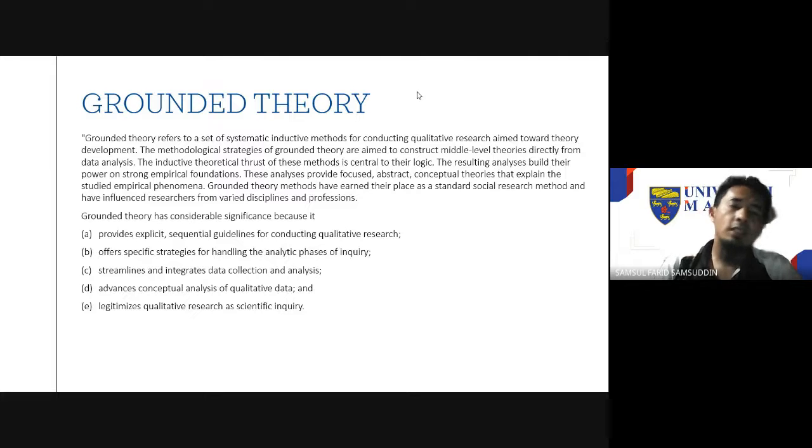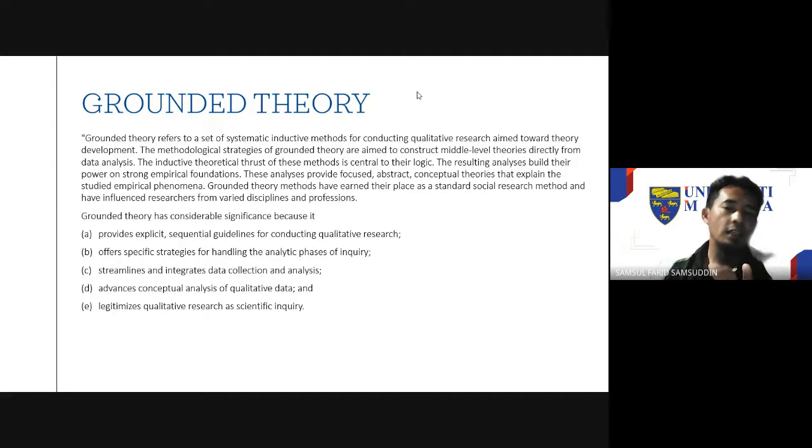You cannot simply say, I want to see these theories combined, and I want to add another model, I want to see what is the difference. You cannot do that. It must be based on previous literature, and your justification must be strong enough for you to embed these theories. So whether you like it or not, you have to do this grounded theory.